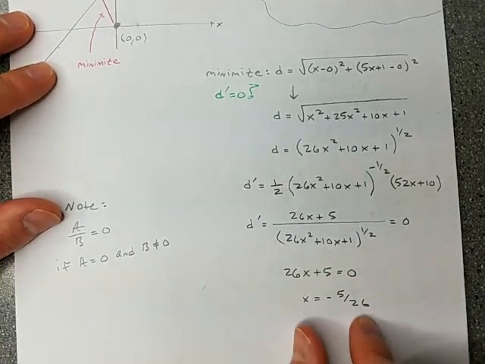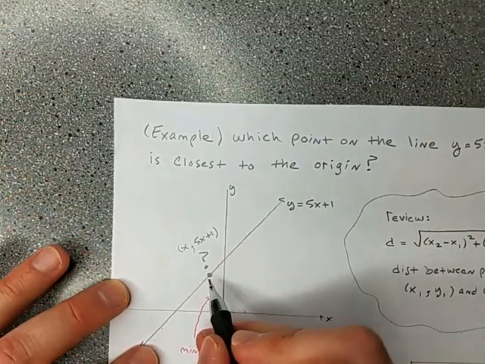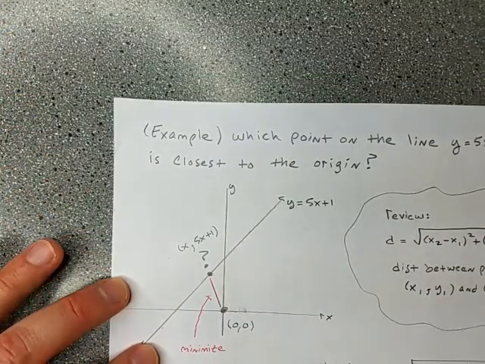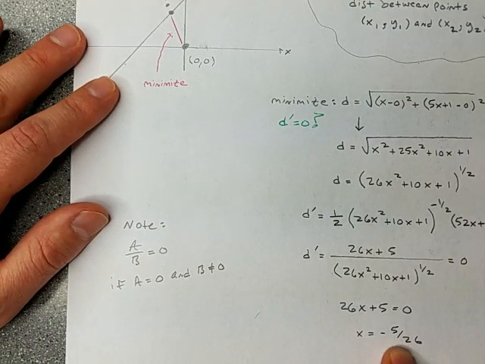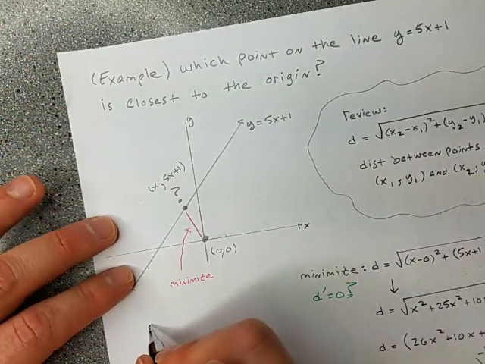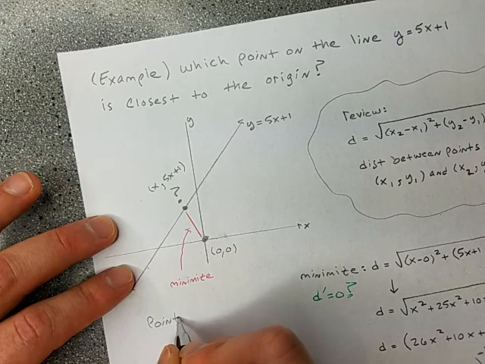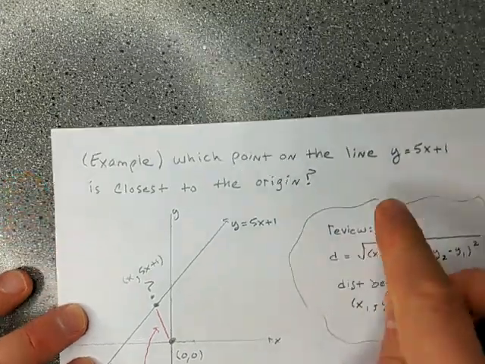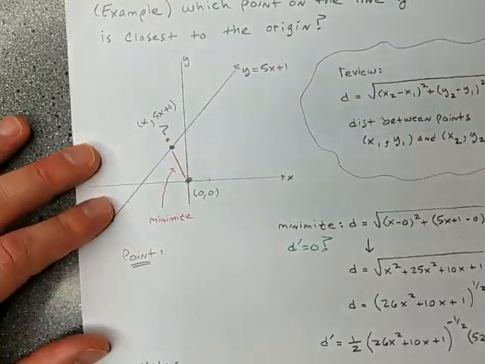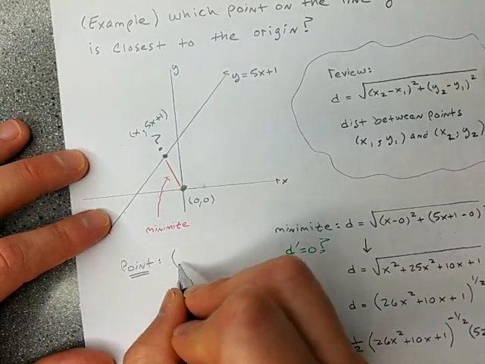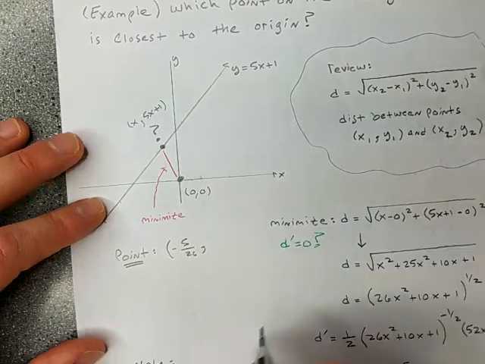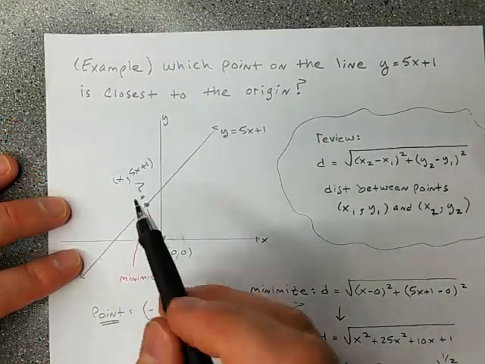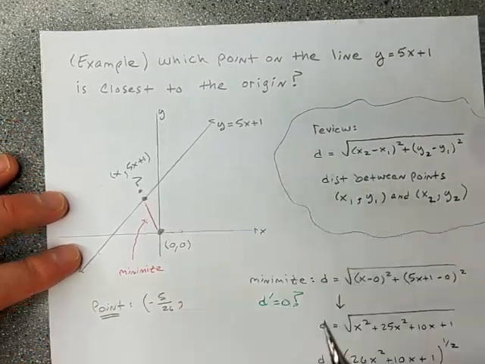It tells me that the x-coordinate of this point needs to be negative 5 over 26. So my point on that line closest to the origin has an x-coordinate of negative 5 over 26. It has a y-coordinate. Well, you put the x in, you get the y.